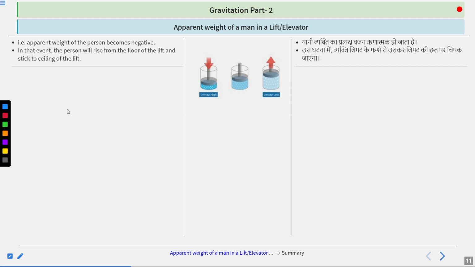Okay. In that event, the person will rise from the floor of the lift and stick to the ceiling of the lift. Why? Because the apparent weight of the person is now negative. So if this is the lift and he is standing here, then he will be at the top of the lift because he is not moving along with the lift's movement.